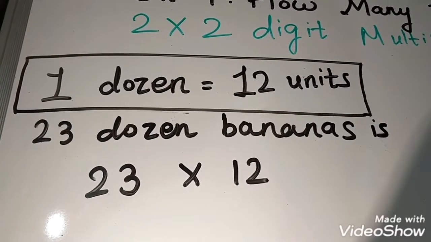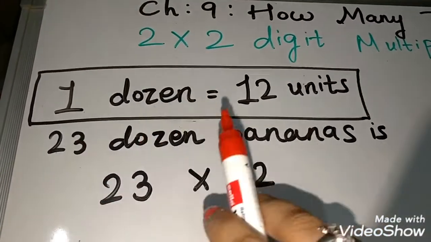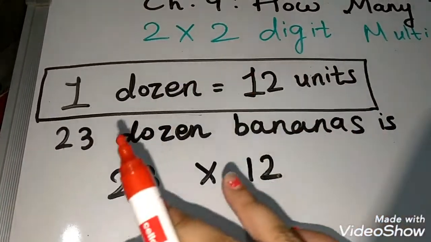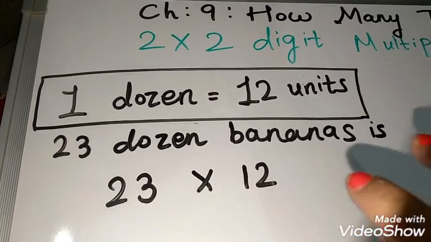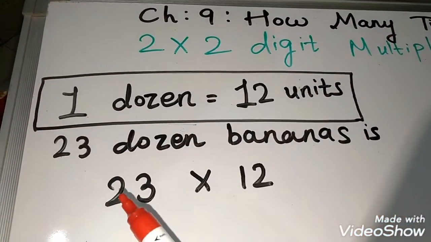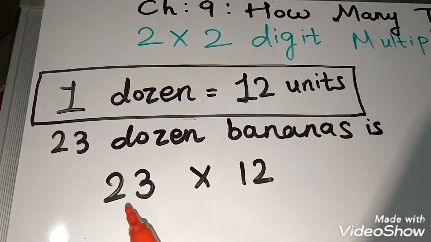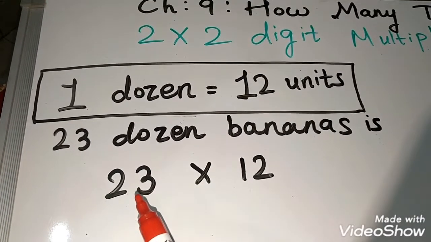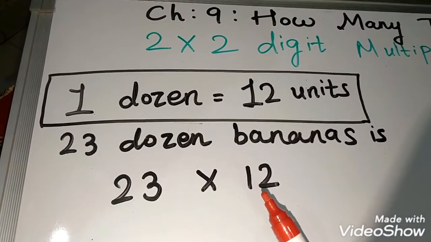To find out the number of bananas, first we have to write the statement. 1 dozen is equal to 12 units. So, if I want to buy 23 dozen bananas, I have to multiply 23 times 12, because I want to buy 23 dozen bananas and 1 dozen contains 12 bananas.